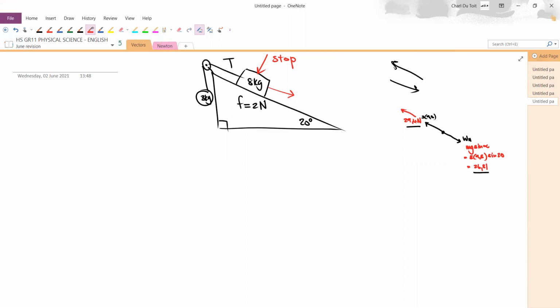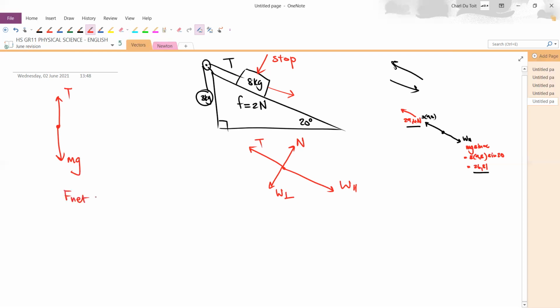Right, so basically the free body diagram of the 3 kg looks like this. We have tension up and mg down. And on that block, I have weight parallel, normal, weight perpendicular, and tension in the rope. Okay. So you have to set up both.